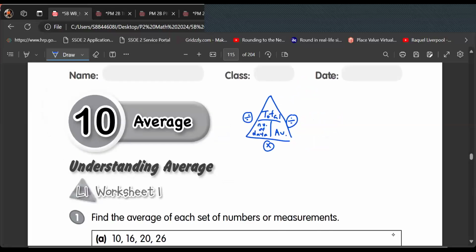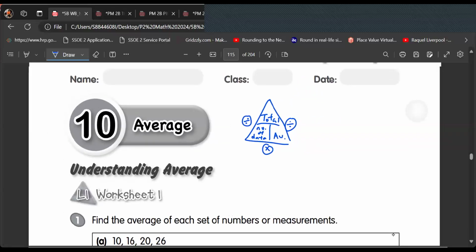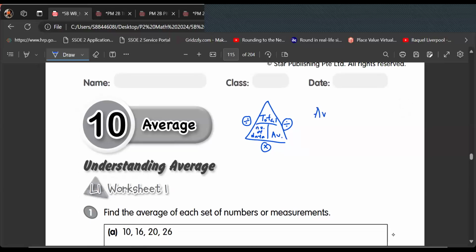So over here, I can find the average. To find the average, I use the total and I divide by the number of data. If I want to find the number of data in the data set, I will take the total, divided by the average if it's provided.